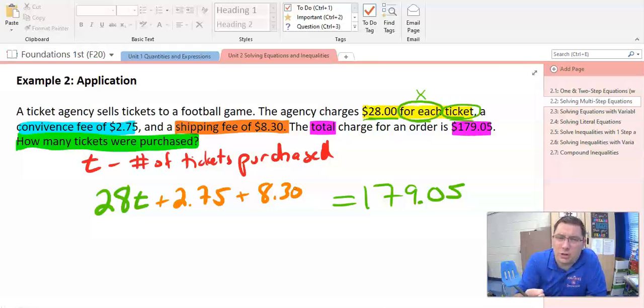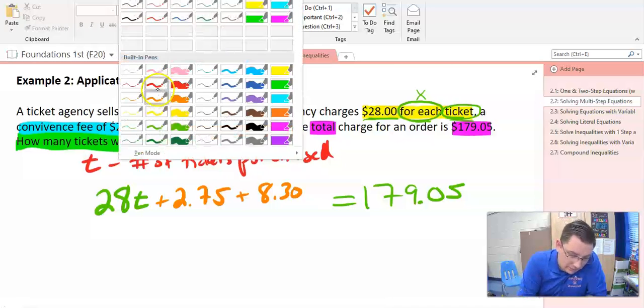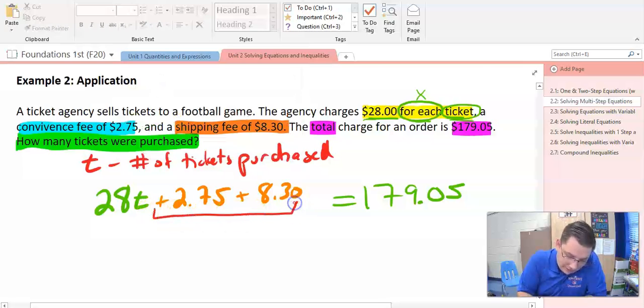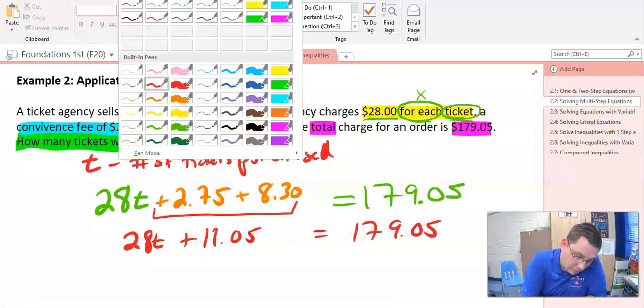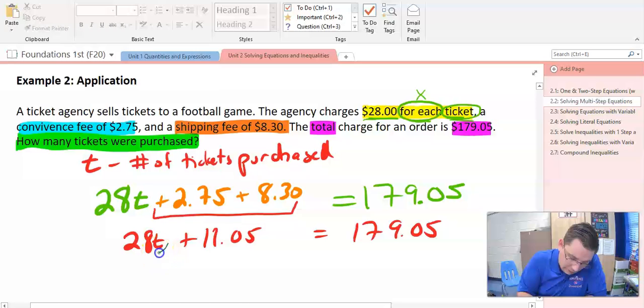So now we need to solve this for t. And so we've got a couple different ways we could do this. We could talk about the like terms that are here and add these together first. So 28t plus, this is going to give us 11.05 is equal to the 179.05. Now I can work to get things away from the variable t here.